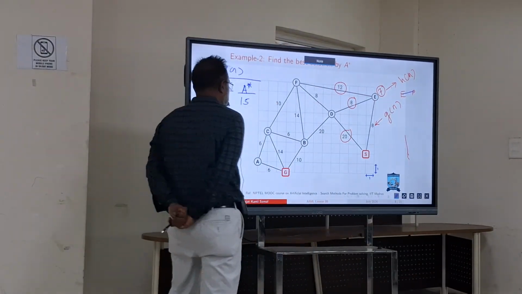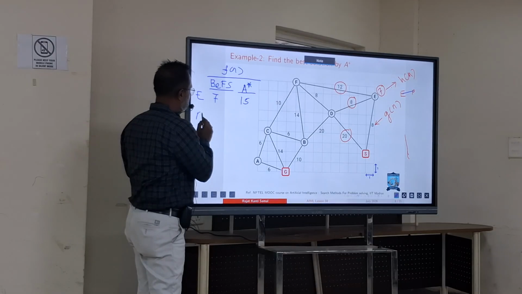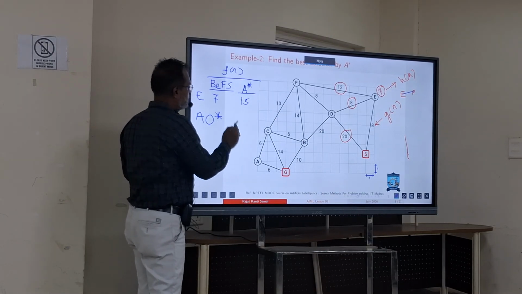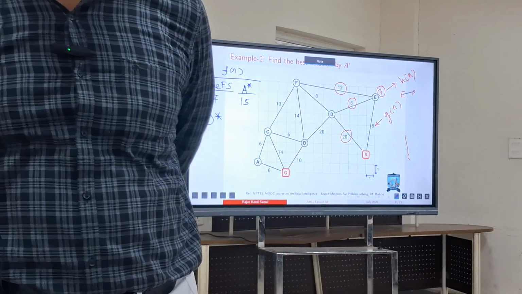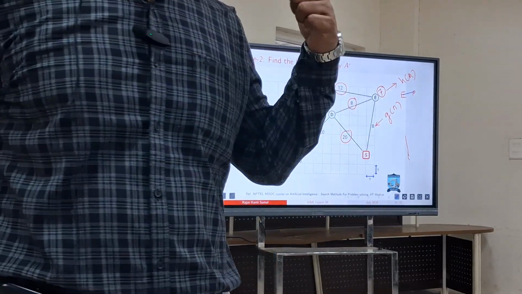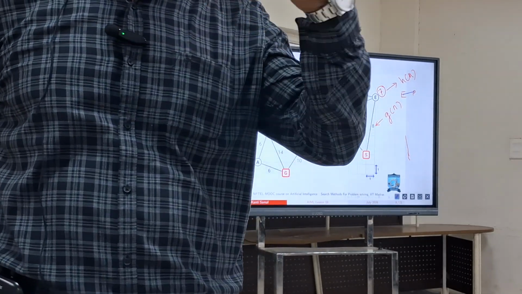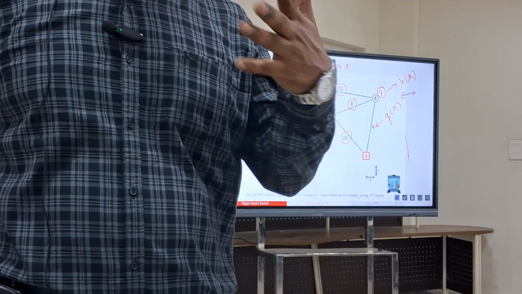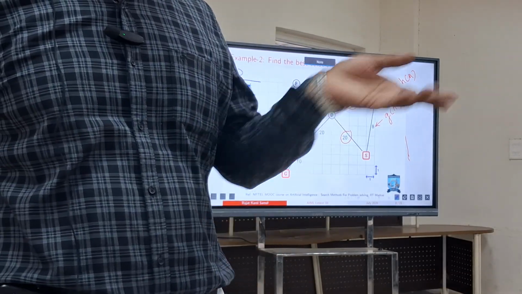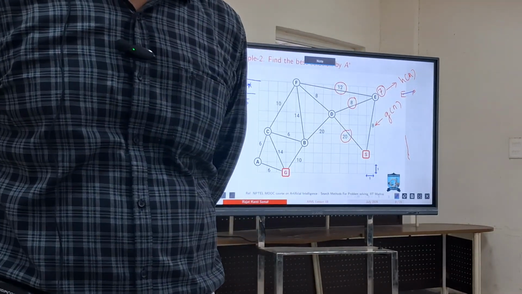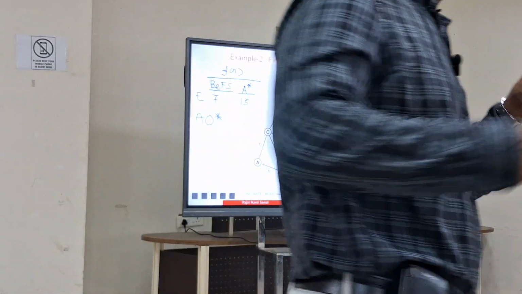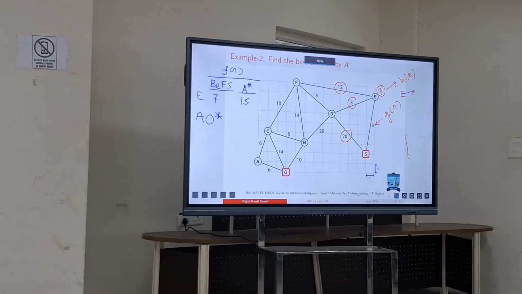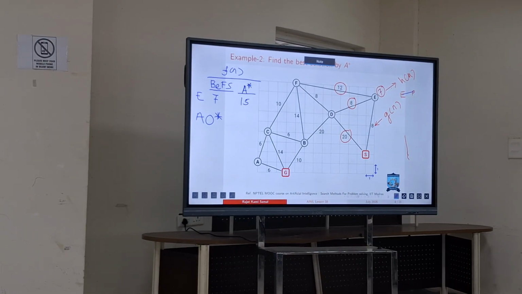Then AO star is utilized only to find the solution path in AND OR graphs, not for this type of problem. AO star is a different kind of algorithm, based on A star but applied to AND OR graphs. So two kinds of problem we have seen. The first is the shortest path problem.